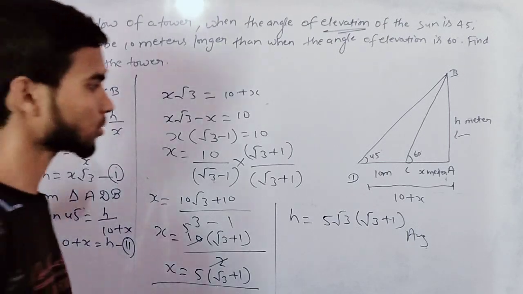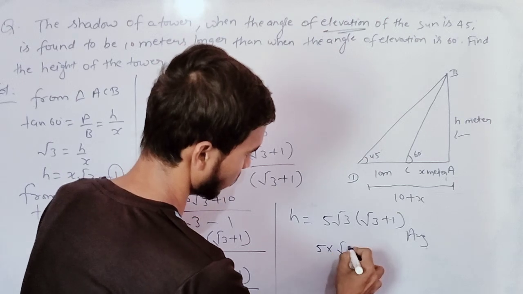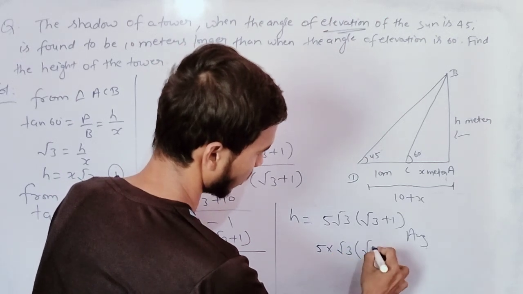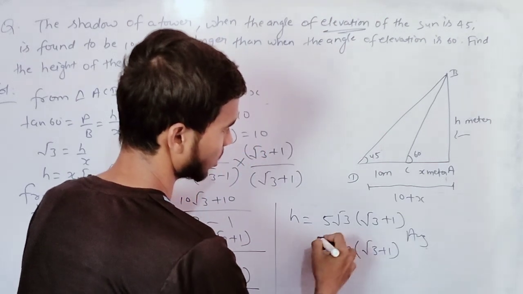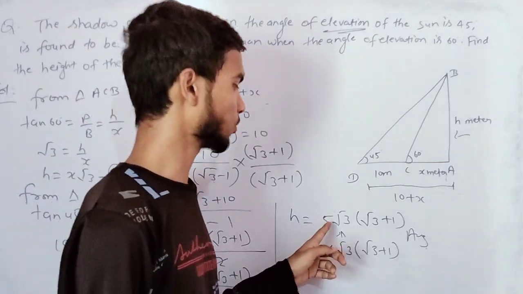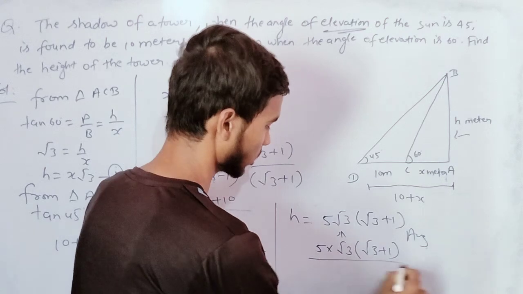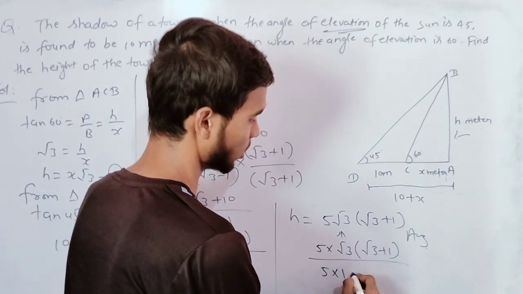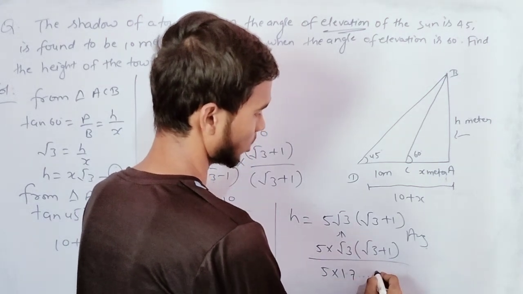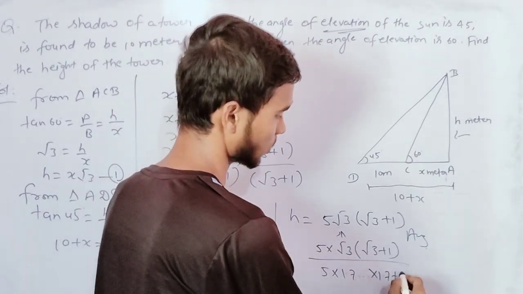Clear? Here you can write 5 multiplied by root 3 plus 1. Now meaning of this is what? 5 multiplied by 1.7 plus 1.